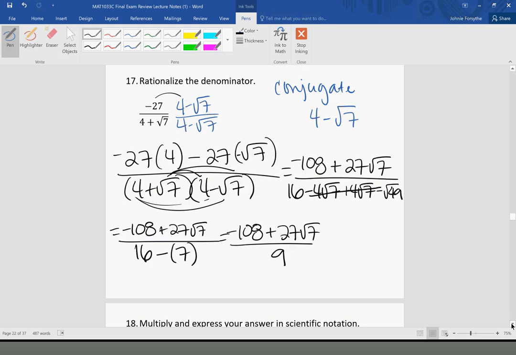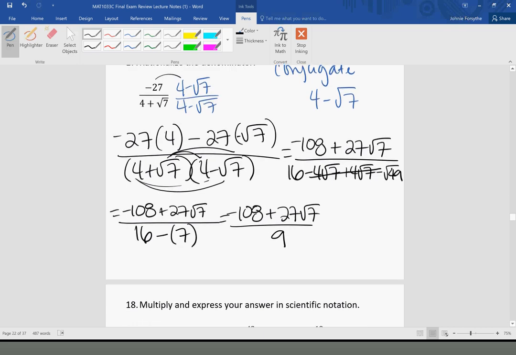And then we want to be sure and simplify this. So in order to do that, let's split this up into 2. So we have negative 108 divided by 9 plus 27 root 7 divided by 9. So 108 divided by 9 is 12, so that's going to give me negative 12.